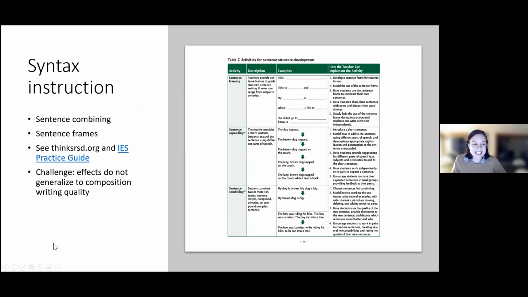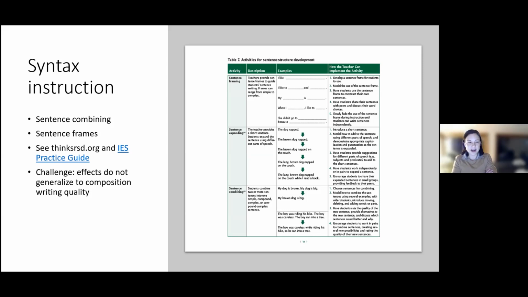So let's move into syntax instruction. This is the place where we do have one intervention that's got some pretty good impacts, and that's using sentence combining and using sentence frames. What's nice is these are pretty easy to do and easy to integrate into whatever instruction you have going on.